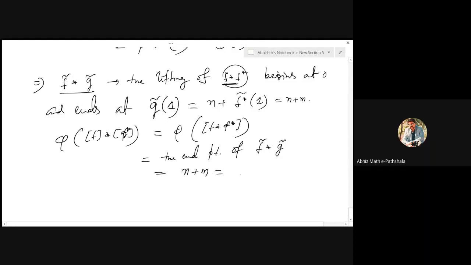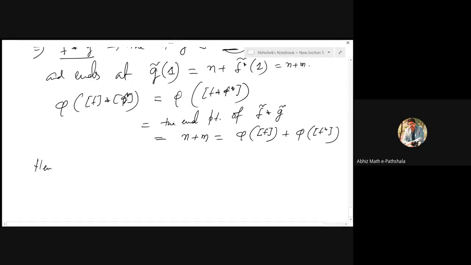So therefore, it equals phi of class F plus phi of class F star. And this proves that phi is a homomorphism. That means phi becomes an isomorphism from the fundamental group of S1 onto the infinite cyclic group Z plus. So hence these two groups are isomorphic.